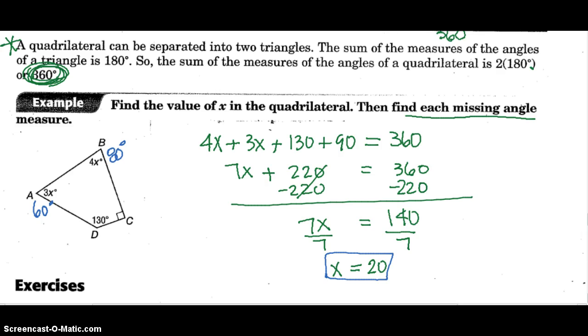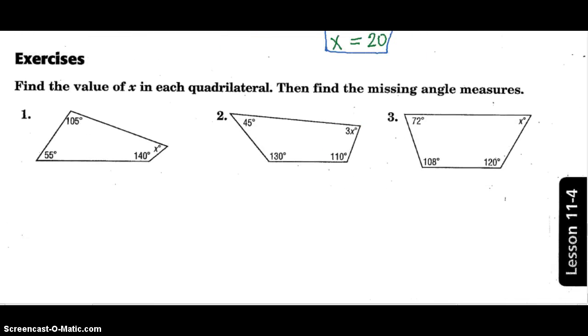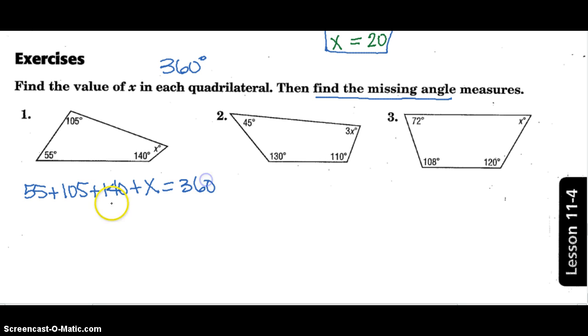Alright, I am going to let you do these next three on your own. Don't forget to go back and find the missing angle, and each of these quadrilaterals have a sum of 360 degrees. I'll set the first one up for you. You'll add your 55, your 105, your 140 plus your x should total 360.